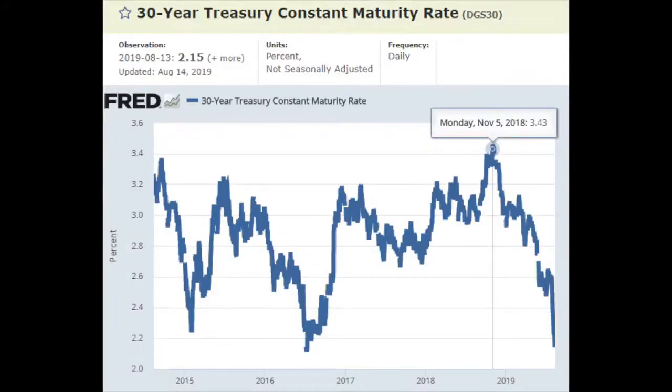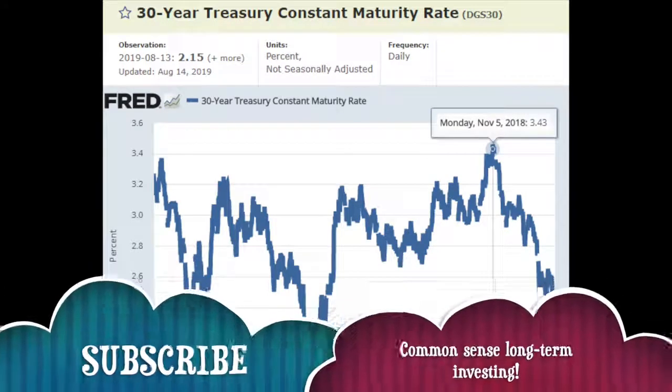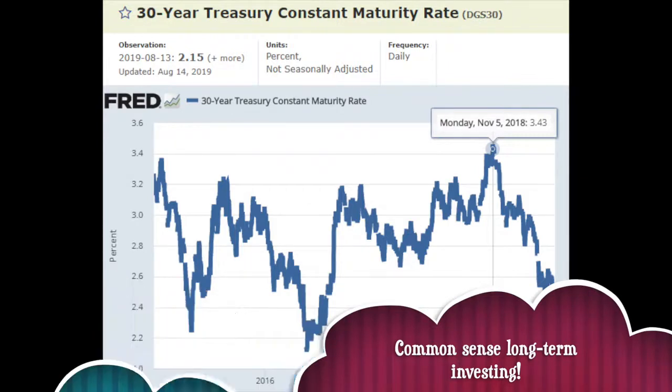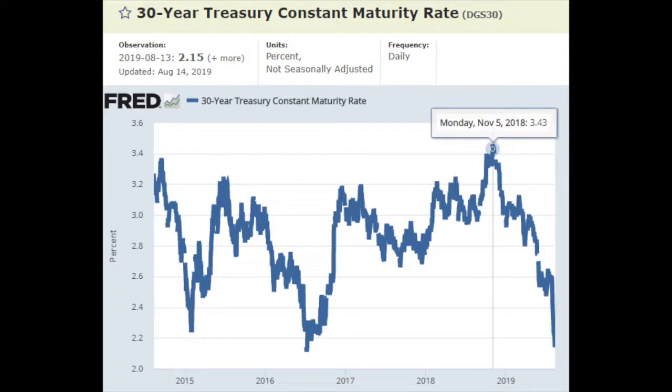What's very interesting also is that the 30-year Treasury, so if you lend to the US government for 30 years, you only get 2.15%. That's just slightly above inflation. This means that investors are betting that interest rates will go even lower, and thus the value of the 30-year bond will go even higher.